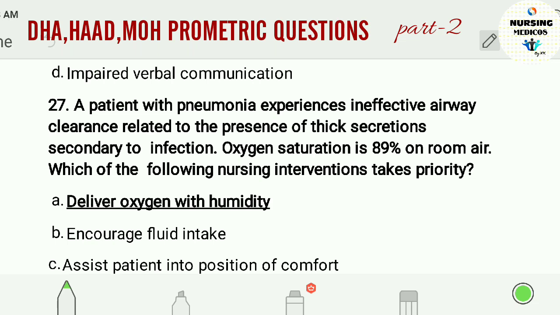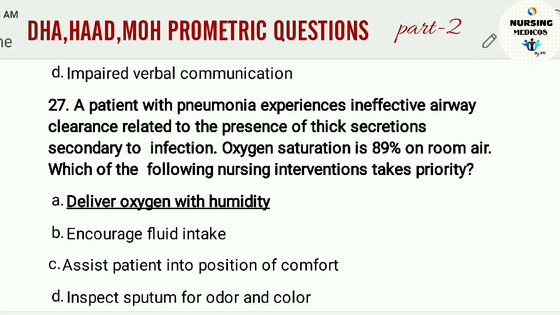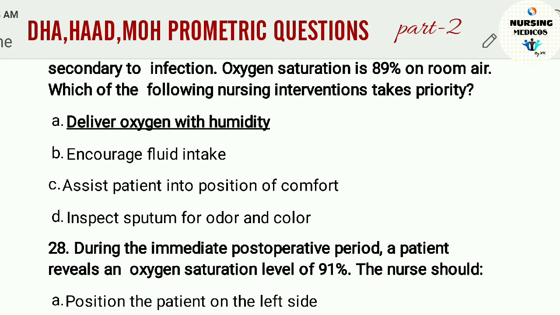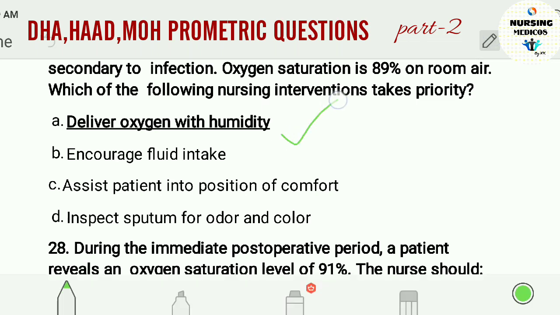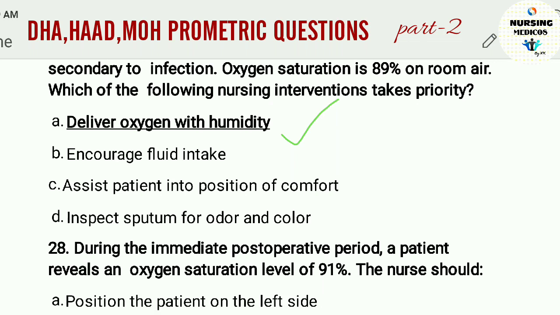Which of the following nursing interventions takes priority? A, deliver oxygen with humidity. B, increase fluid intake. C, assist the patient into a comfortable position. Option D, observe sputum for odor and color. So according to that, the answer is option A, deliver oxygen with humidity.